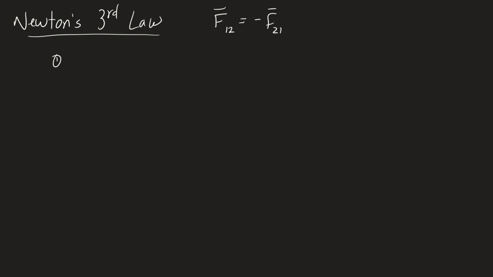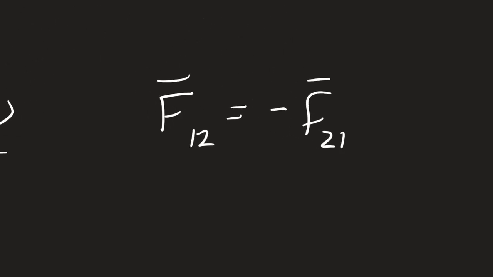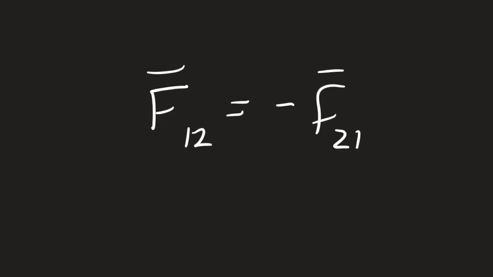These forces act on separate objects. That's critical. That's why this equation is so important. And you may want to put some notations about what this is about in your notes, why I wrote it just like this.